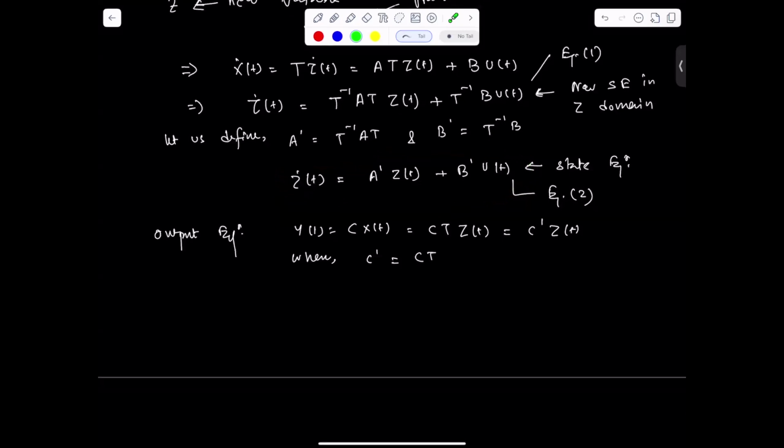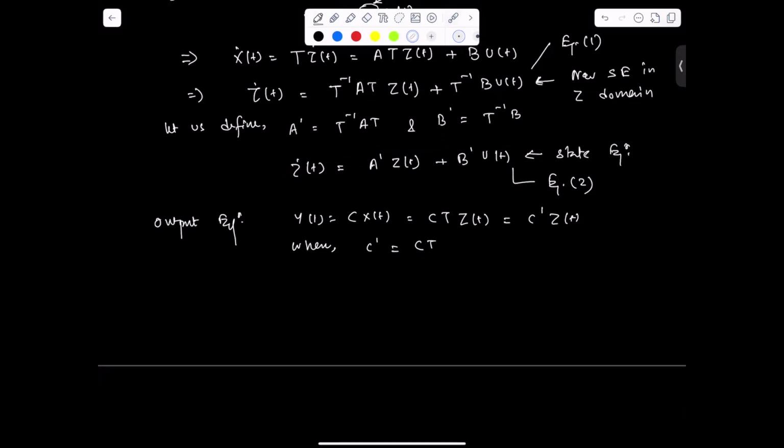And now the question is, how to find this T matrix. But before that, I should comment that the system which you have found here, this A dash, is actually diagonalized.